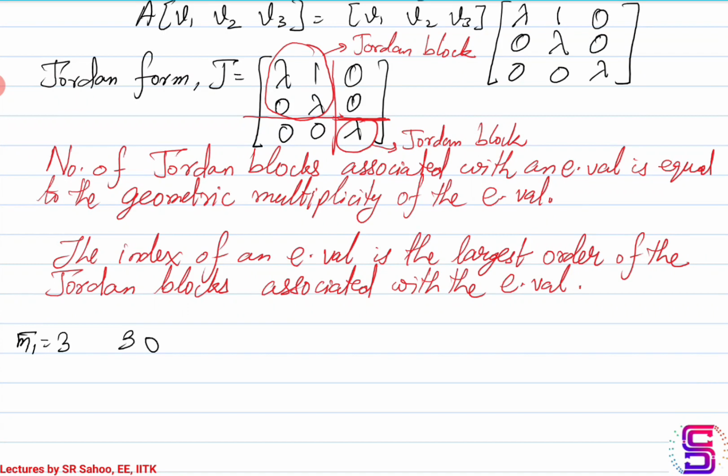When M1 bar is 3, you'll have 3 OEVs indicating AV1 equal to lambda V1, AV2 equal to lambda V2, AV3 equal to lambda V3.